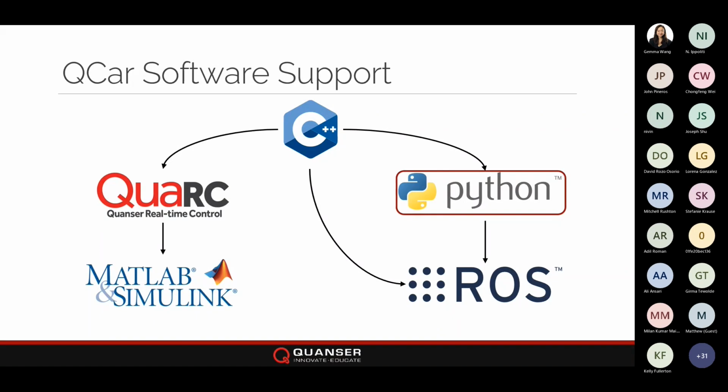Most of Quanser's work, if you're familiar with, has been focused heavily on Simulink and MATLAB using Quark, which is our real-time software library that is embedded in Simulink. And so actually using Python, purely Python, for more complicated material is actually a relatively new thing for Quanser.